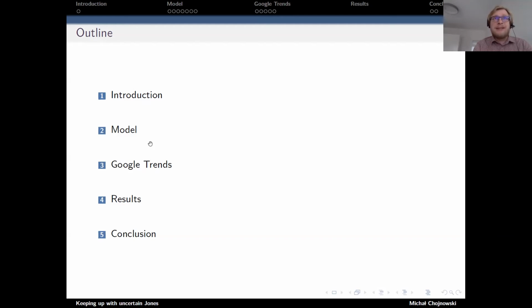However, for explaining how this method works and why I'm doing it that way, it really helps to start from the bottom here. Then I will explain how I'm integrating the Google Trends and how the Google Trends can be integrated. Then normally there will be results.